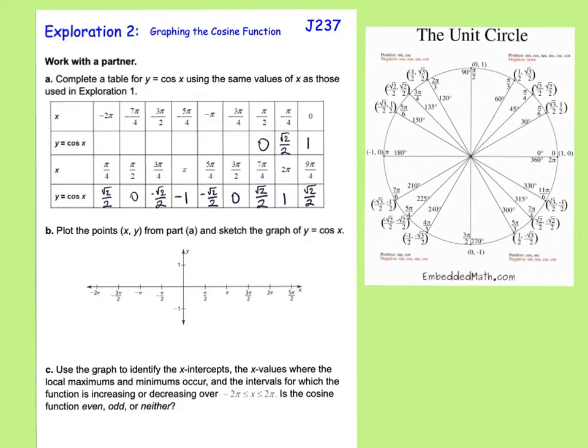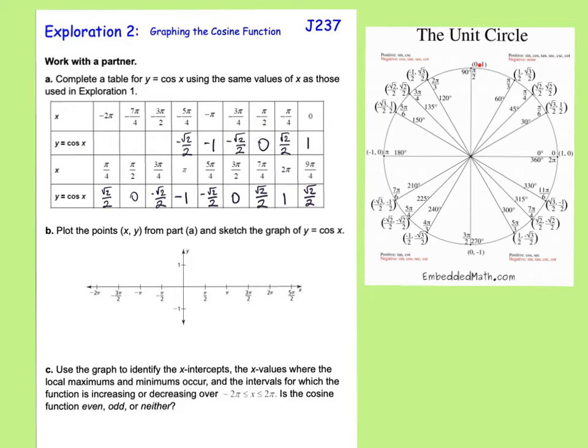Then we move again to negative 3 pi over 4, so our cosine value is negative root 2 over 2. Then we are going to move to negative pi, which is right here, so our cosine value is negative 1. From there we are moving to negative 5 pi over 4, cosine value negative root 2 over 2.